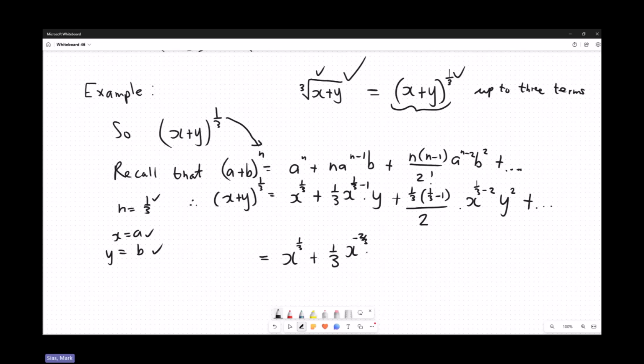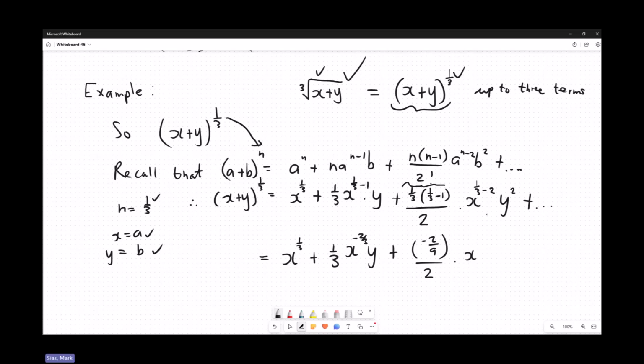Minus 2/3, right? Times y, plus. Now a third times minus 2/3, what do we have here? Anyone want to venture an answer? A third times minus 2/3 is minus 2/9, all divided by 2.